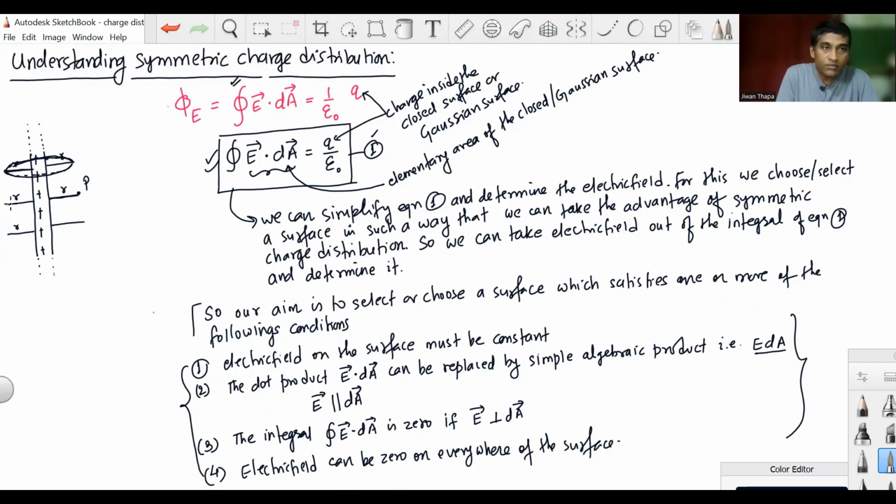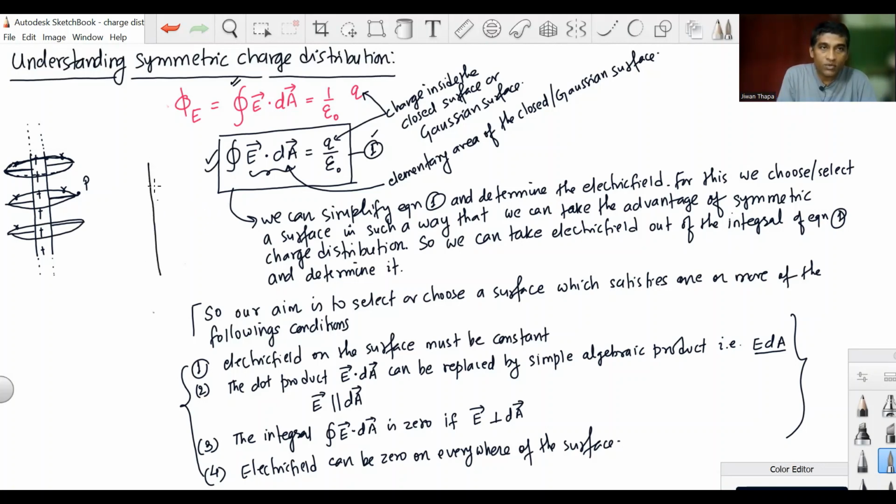Similarly, if you join the next points which are at r distance, then you get another circle, and if you join all these circles, then you get a cylinder.